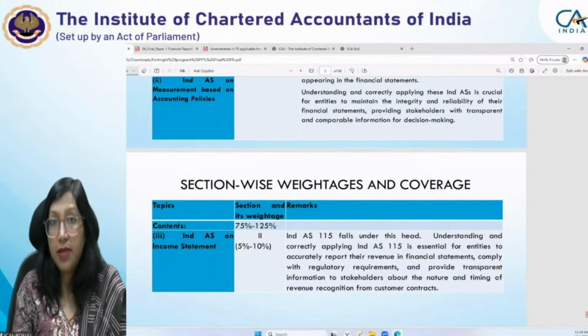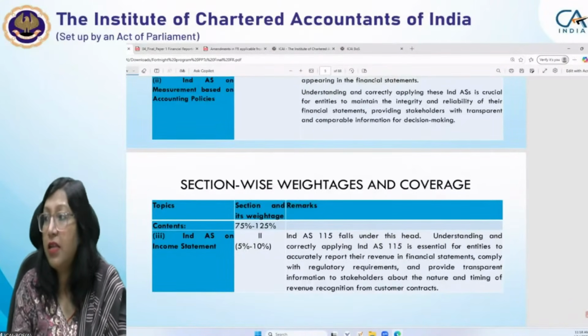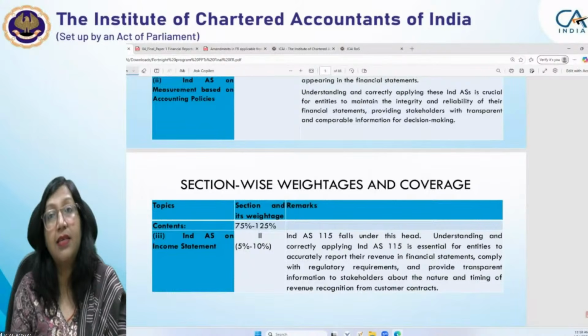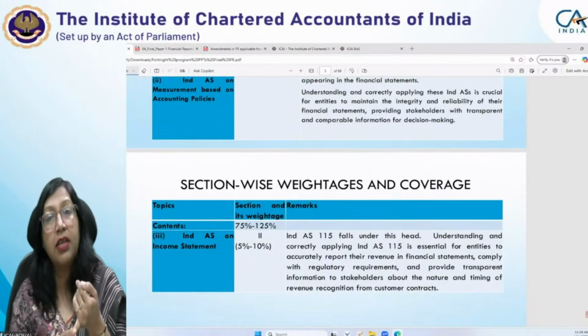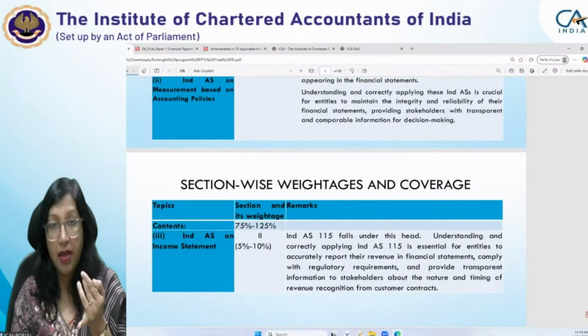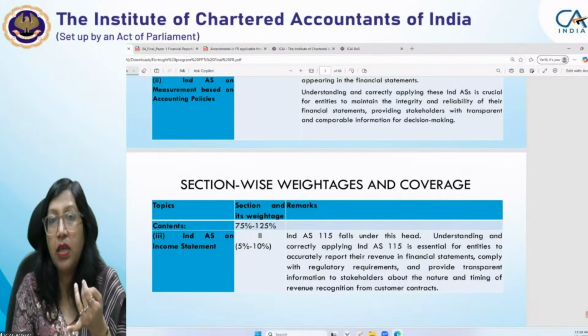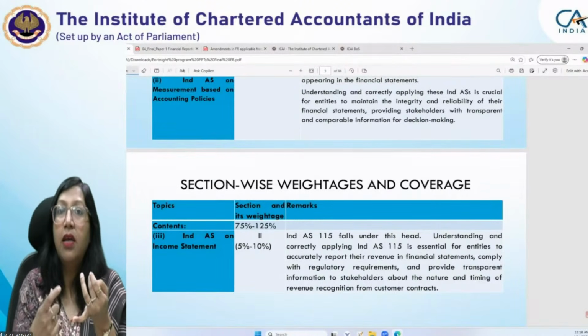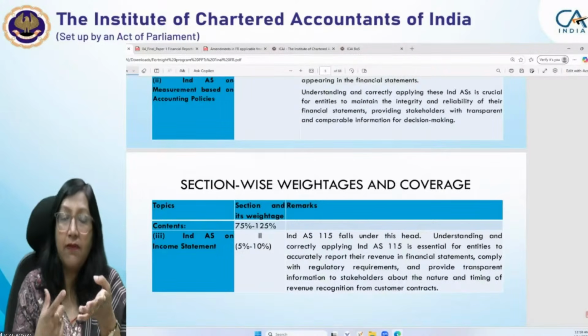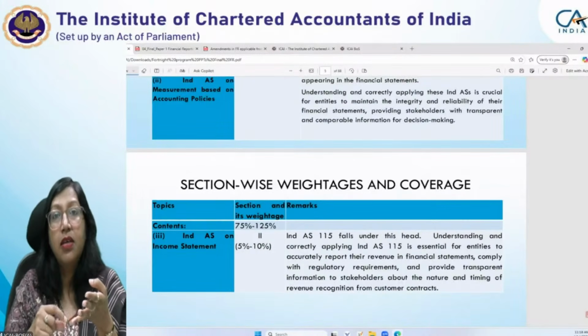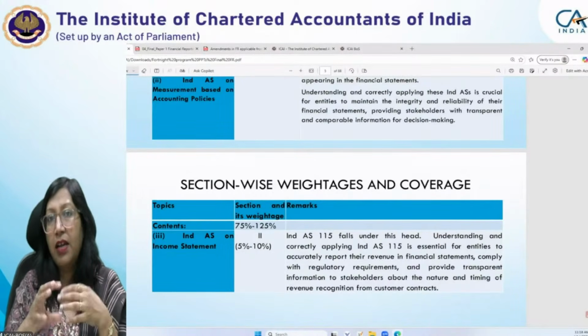Then one chapter is on financial instrument. One important aspect is the compound financial instrument, where you have to determine the liability component and the equity component of the financial instrument. That is very important because most of the questions you find are based on this.